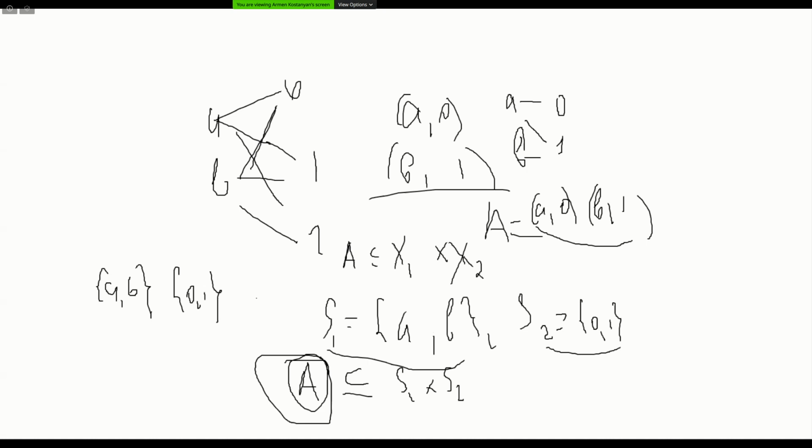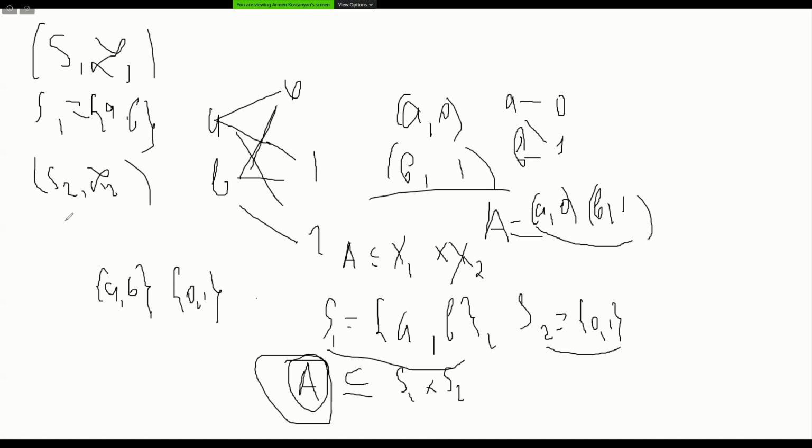Let's repeat once more. We define the first matroid to be S1, I1, where S1 consists of A and B. The second matroid is S2, I2, where S2 consists of 0 and 1. And we consider all combinations of elements in I1 and I2.